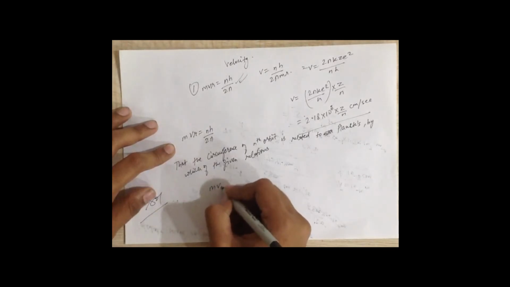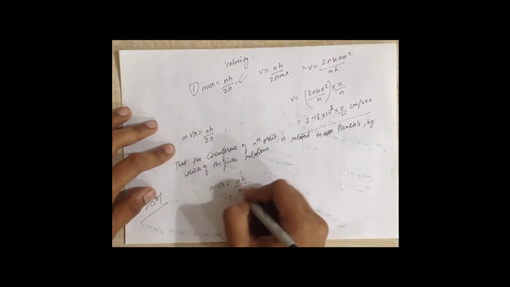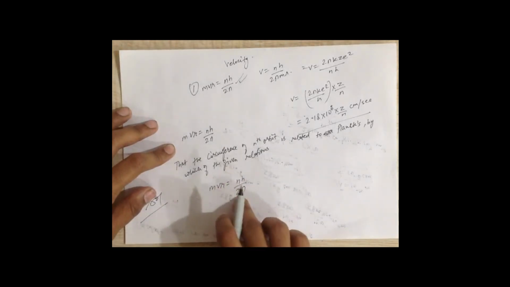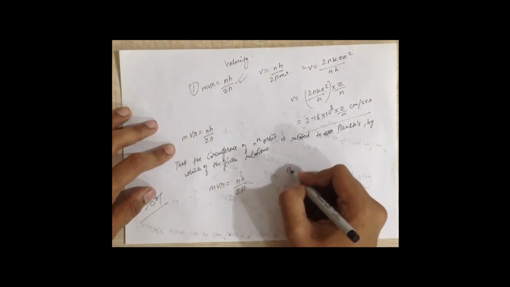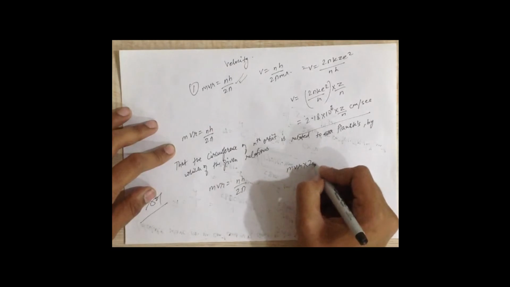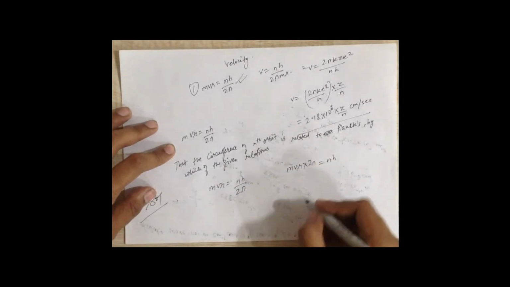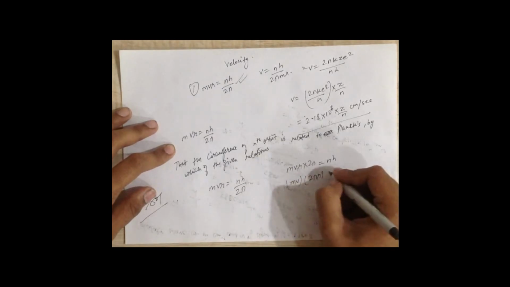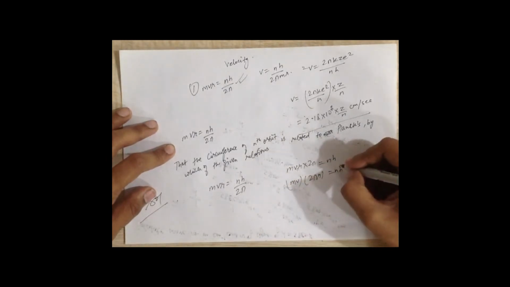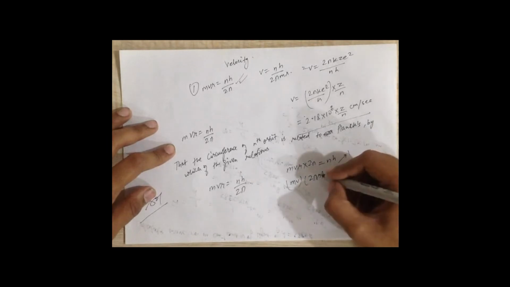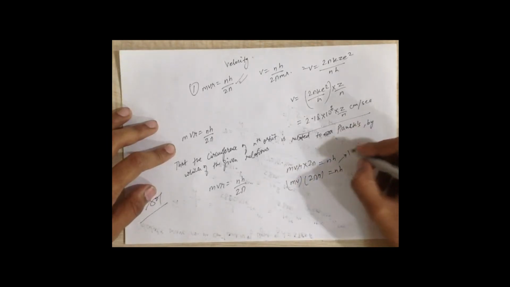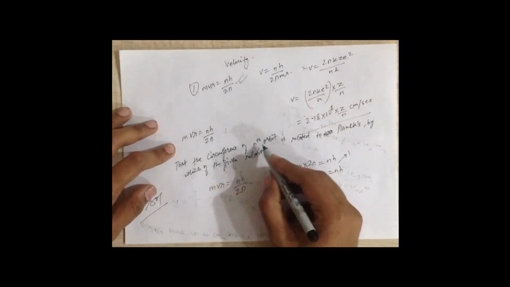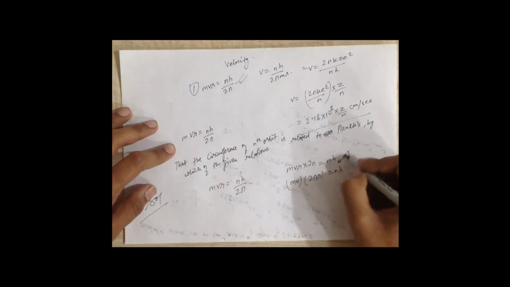So we are given mvr is equal to nh upon 2 pi. Now taking this 2 pi here, we get mvr into 2 pi is equal to nh. So mv into 2 pi r is nh. Now if the value of n is 1, then r is the radius of the first orbit. We have been asked about the nth orbit, so n has to be n.